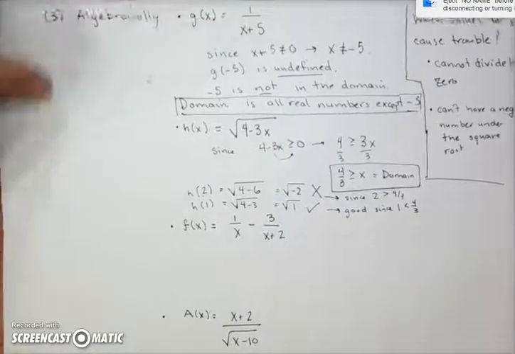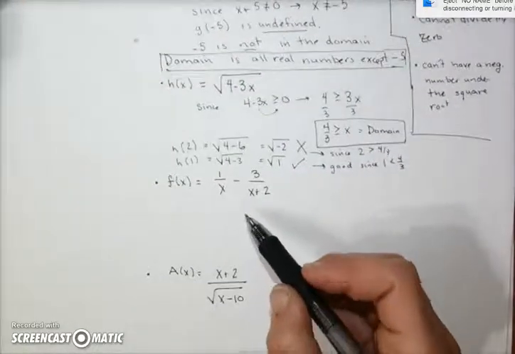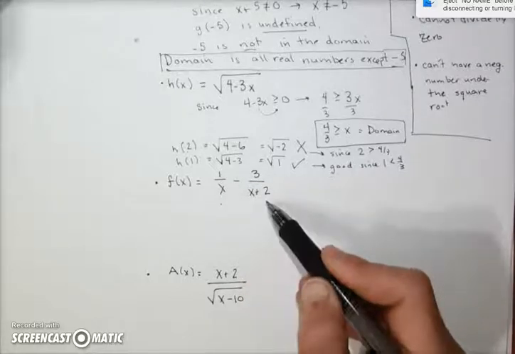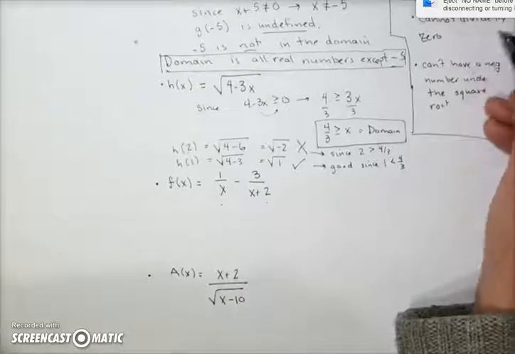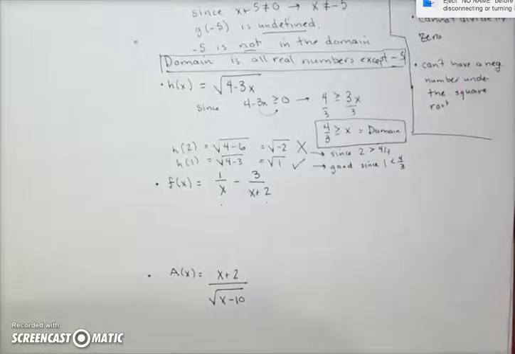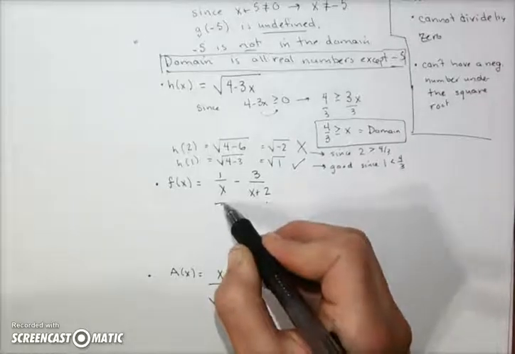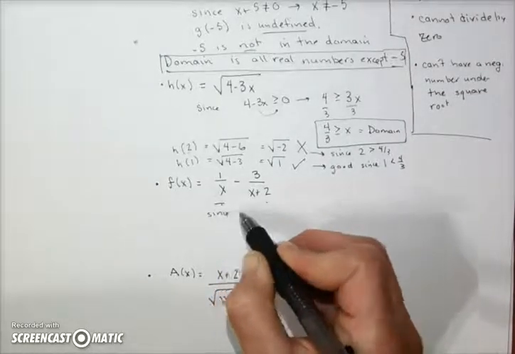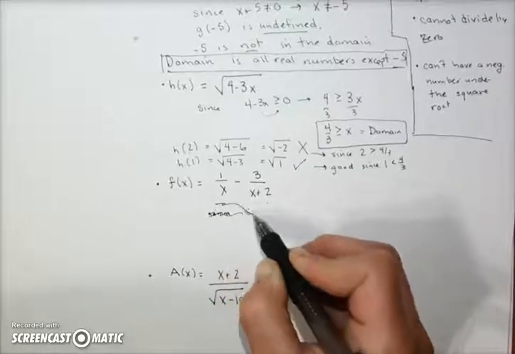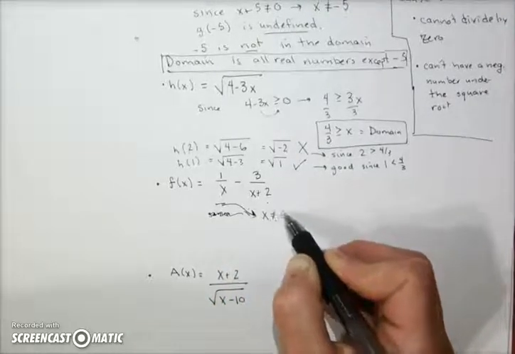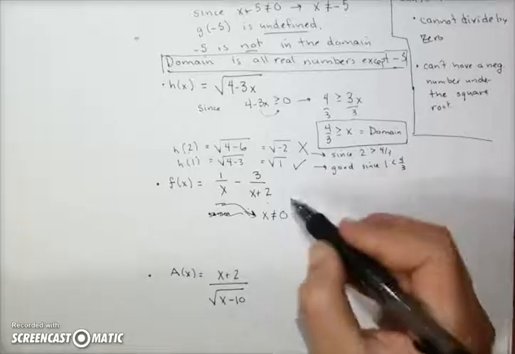2 more quick examples. Now I have a function that involves 2 different fractions. So I can use this idea that we cannot divide by 0 twice, on each fraction. Our first one tells us that x cannot equal 0 because I can't divide by 0.